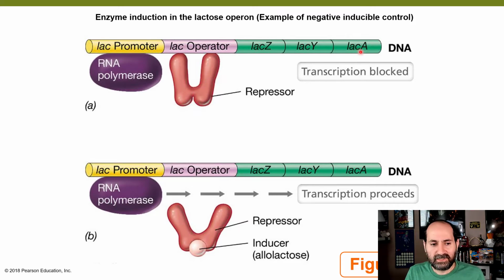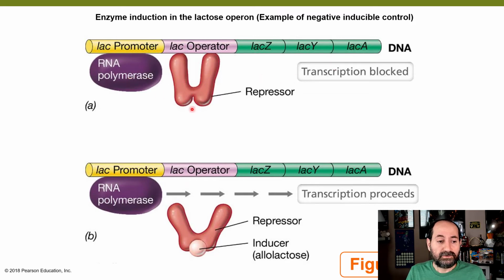It's part of the metabolic pathway of lactose catabolism, right? So when there is no lactose around, the Lac repressor binds to the Lac operator, preventing RNA polymerase from transcribing this Operon, including the 3 Lac genes.